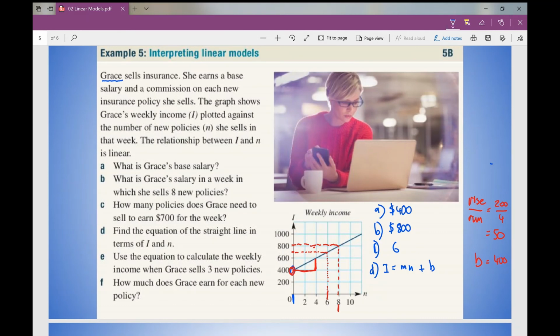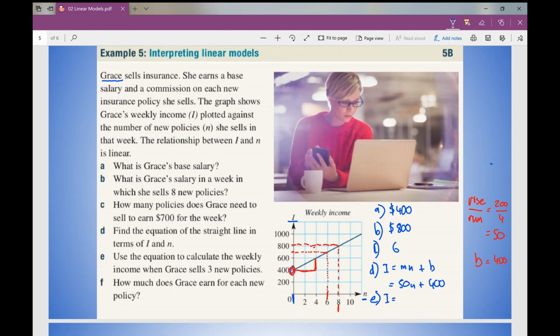So we can fill that into our equation, and we end up with I, the income, is equal to 50 times N, the number of policies sold, plus $400, her base salary. And then we can use this equation to calculate her income where N equals 3.